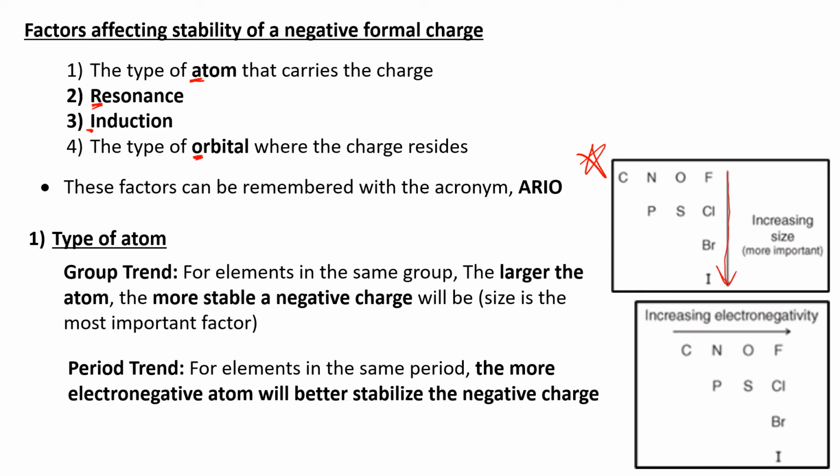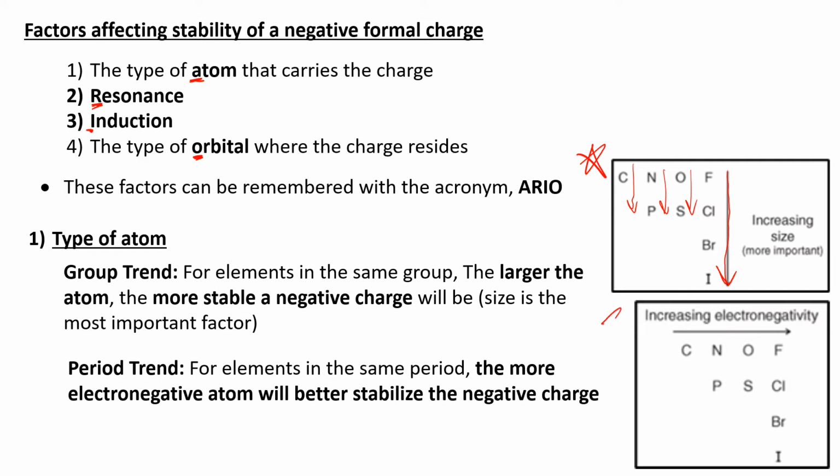They're more polarizable. The electron clouds are more easily distorted and able to stabilize a negative formal charge. So as we go down a group, the ones lower to the bottom will be more stable conjugate bases that have resulted from more acidic compounds.